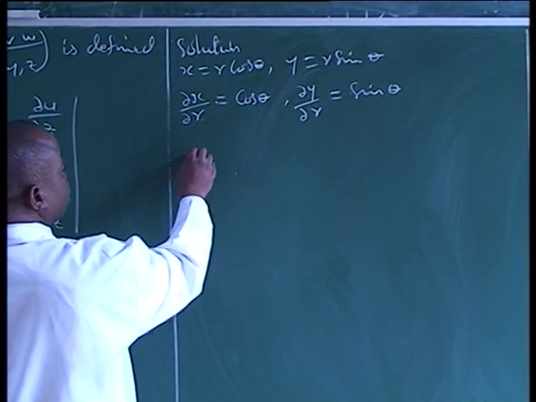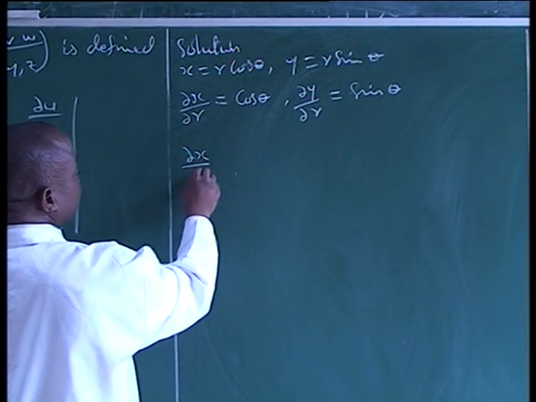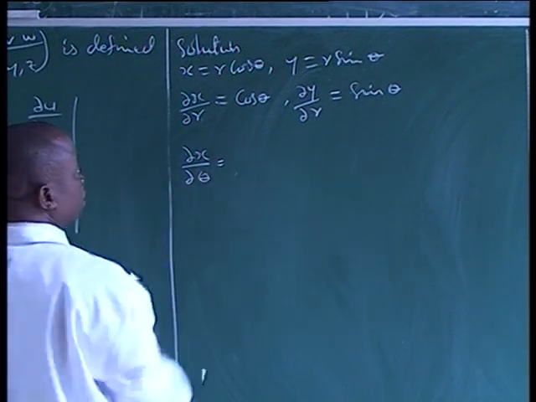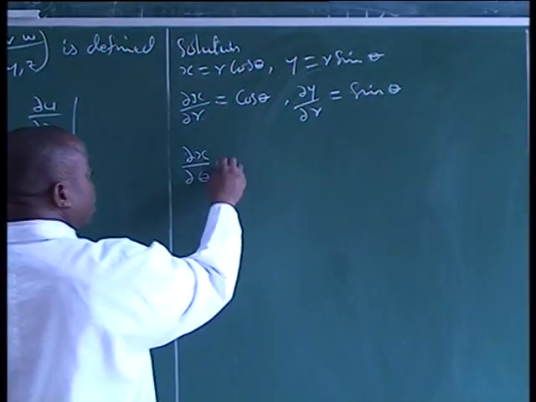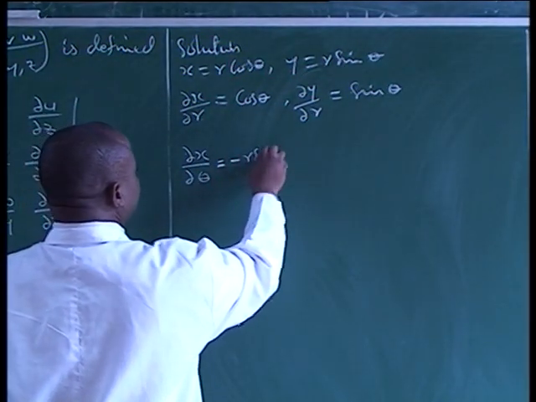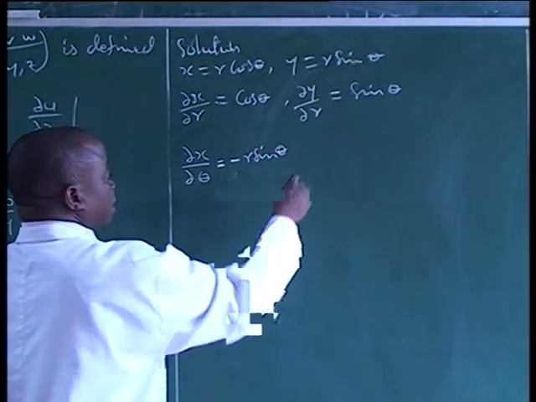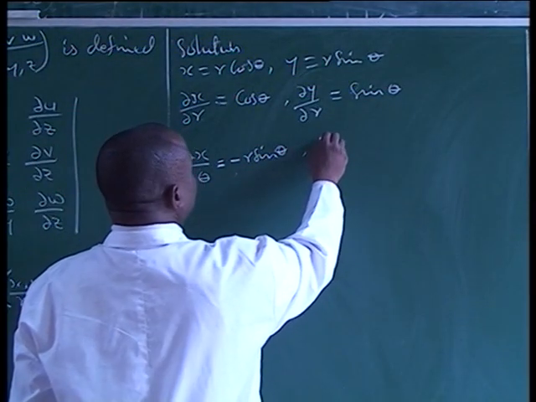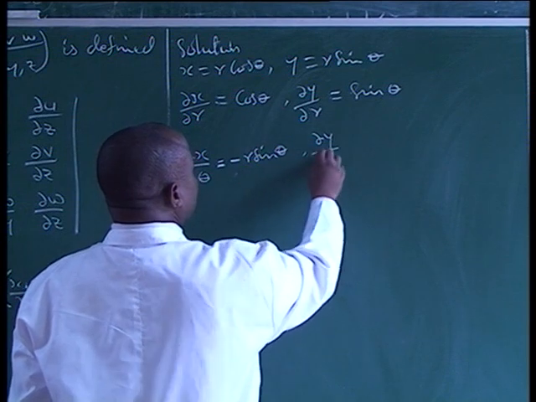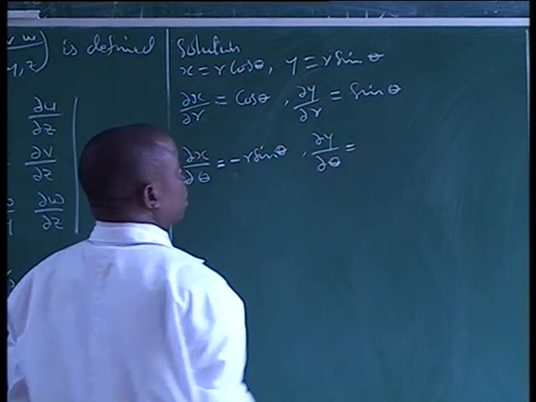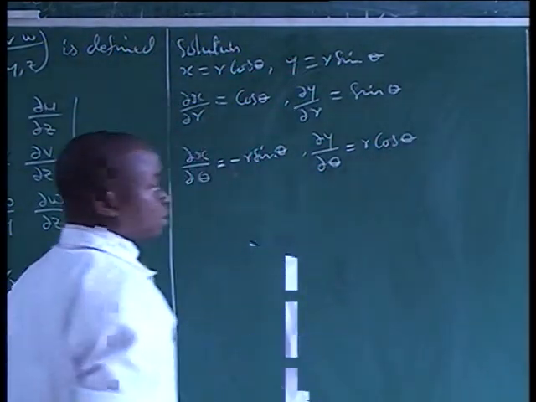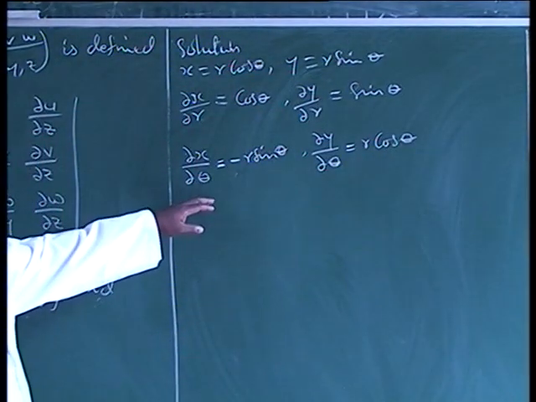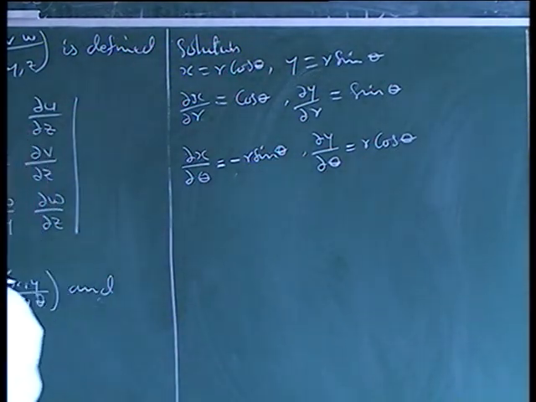Now we also go for partial x partial theta, which is minus r sin theta. Then partial y partial theta will give us r cos theta.